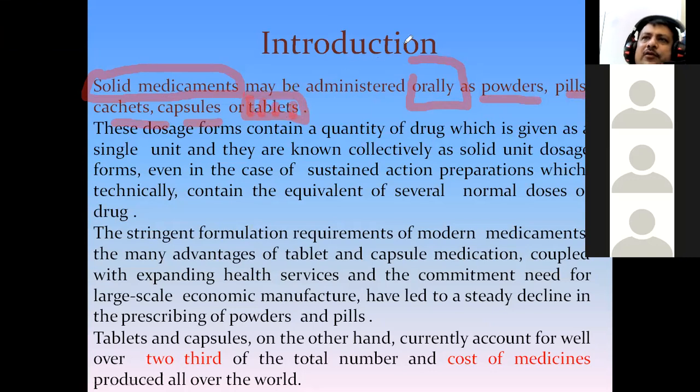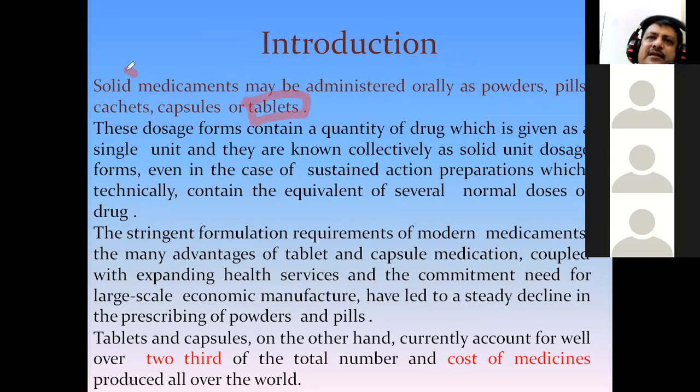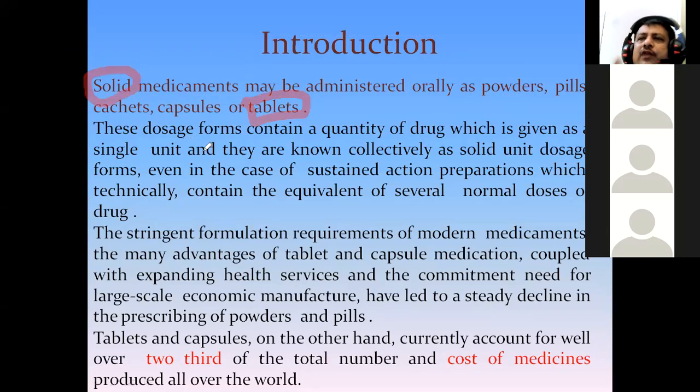So when we talk about tablet as a dosage form, it is a solid dosage form. Okay. Now why we use tablet, that we are going to see in detail. Now this dosage form contains a quantity of drug which is given as a single unit, and they are known collectively as a solid unit dosage form.